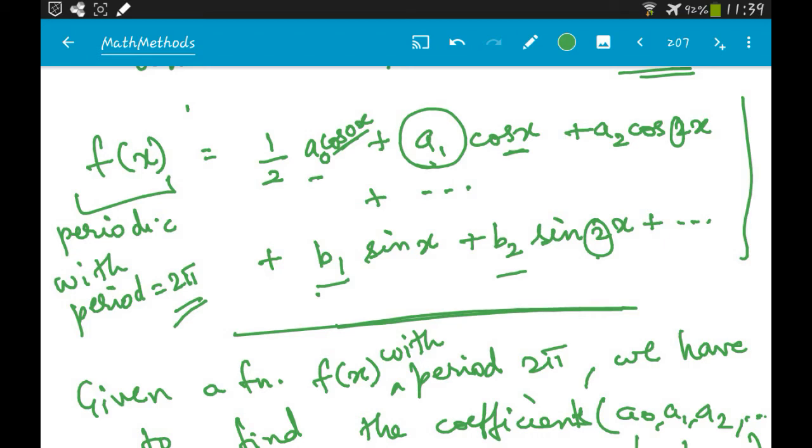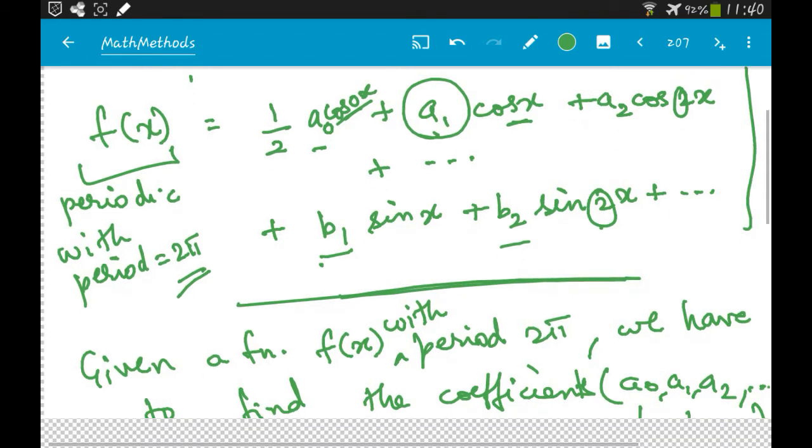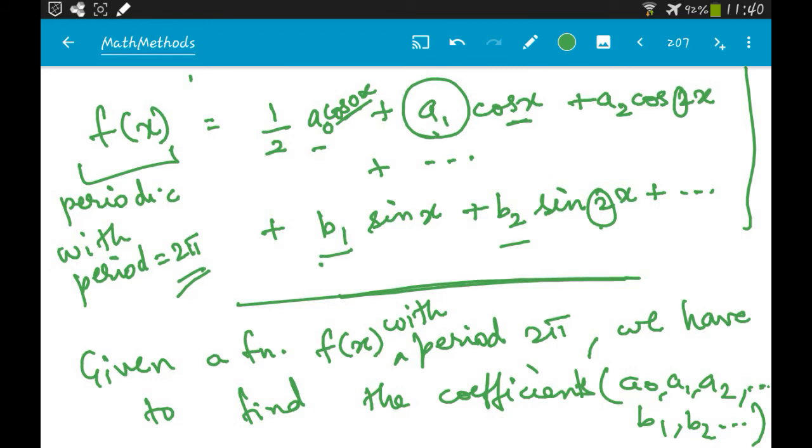Because sine 0 is actually 0. So the coefficient does not matter because that particular term itself becomes 0. So only for the cos term you have this a0. Now remember that given a function, we have to find a0, a1, a2, b1, b2, etc. All of this we have to find.